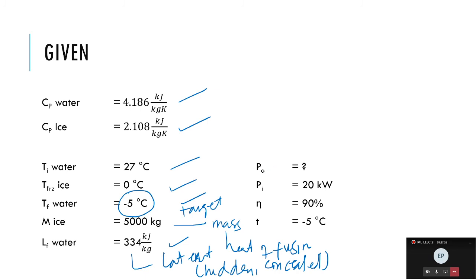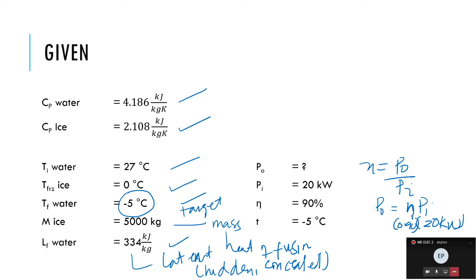Now, I just explained earlier, no? So, efficiency is always power output over power input. If you want to get the power output, the actual, you should multiply the efficiency times the input, right? So, what is the input? 20 kilowatt. And there we have 90% efficiency.